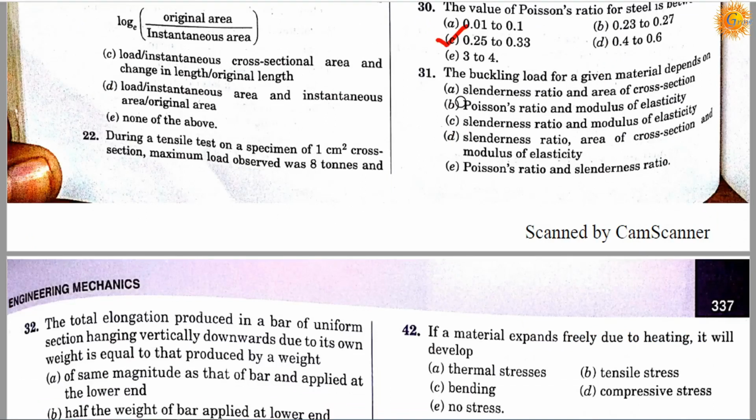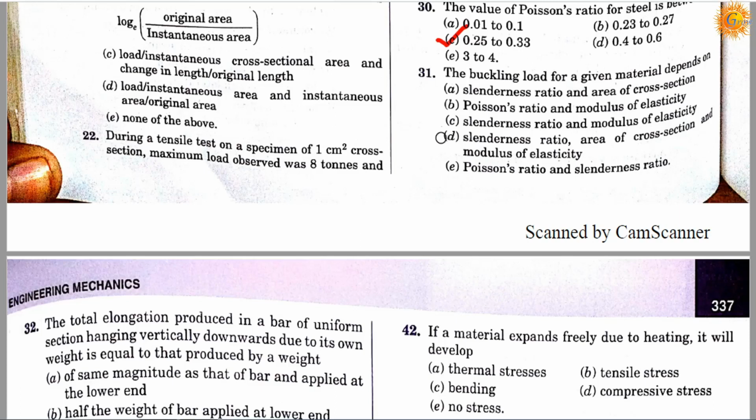Question number 31. The buckling load for a given material depends on: option A, slenderness ratio and area of cross section; option B, Poisson's ratio and modulus of elasticity; option C, slenderness ratio and modulus of elasticity; option D, slenderness ratio and area of cross section and modulus of elasticity; option E, Poisson's ratio and slenderness ratio.